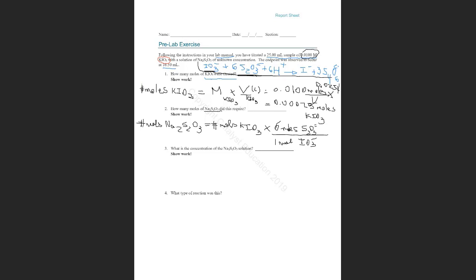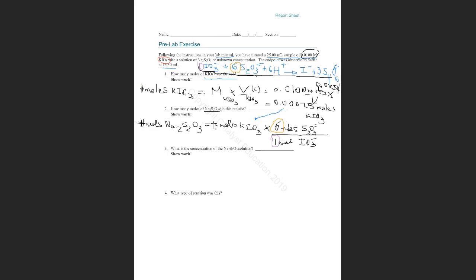Moles of iodate cancel, and basically all we have to do is multiply this number of moles of potassium iodate by 6. This number 6 is this number 6, and this number 1 is this number 1.